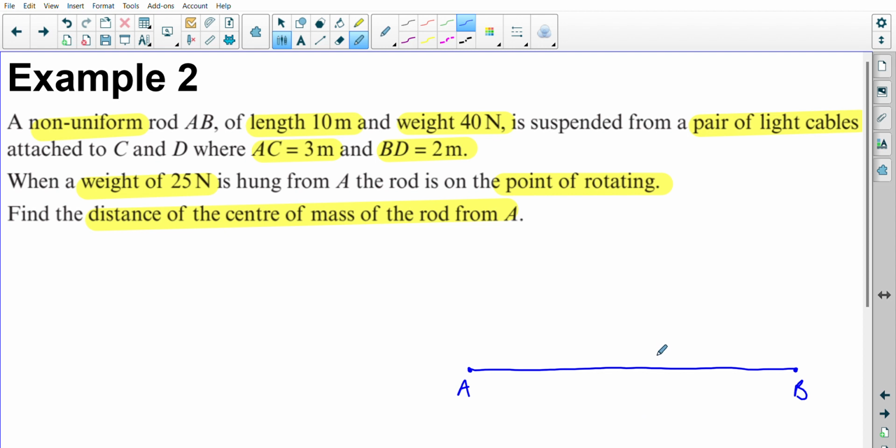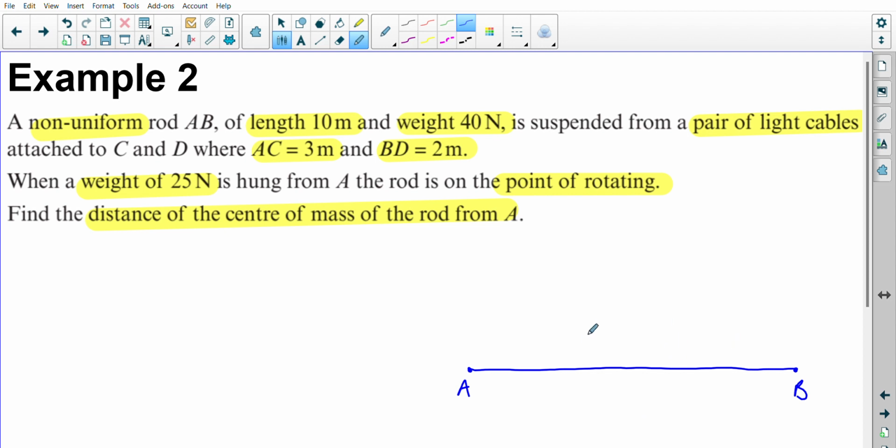Suspended from a pair of light cables. Now light is a modelling assumption, and light means that we can treat the cables as having 0 mass, but because we're talking about cables, there's going to be tension involved. So rather than having normal reactions or a reaction force, it's going to be tension instead.